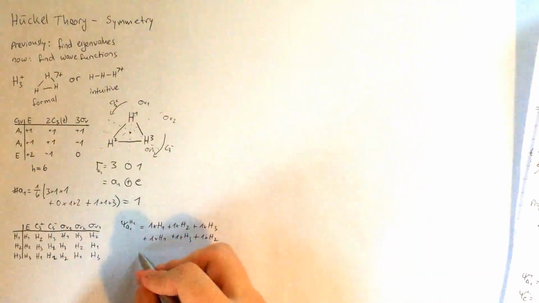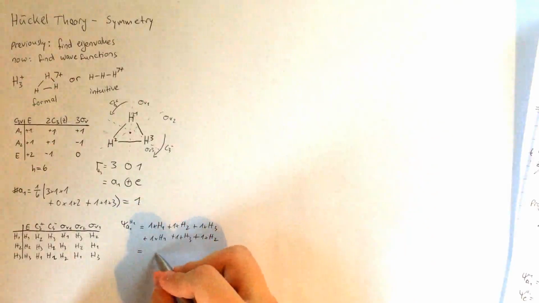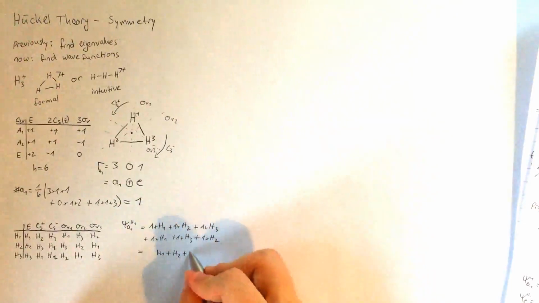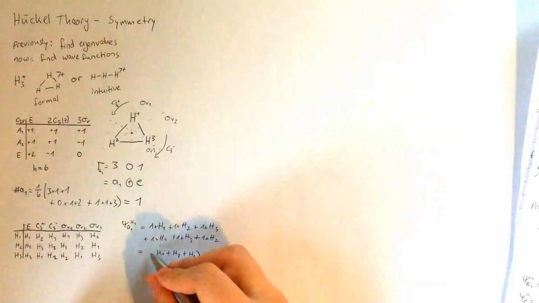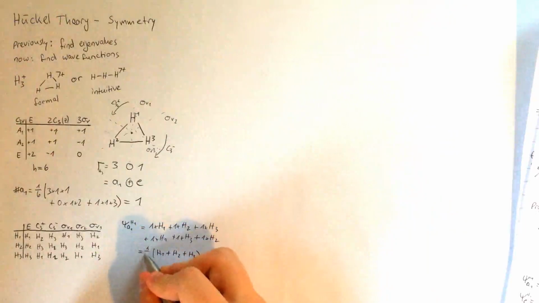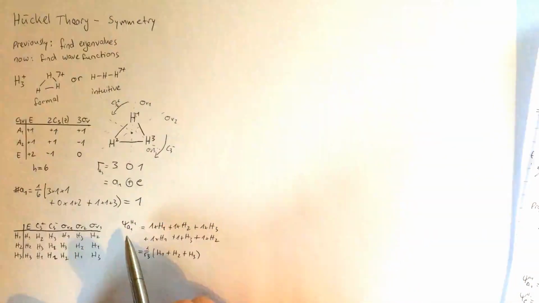And if I normalize it, it will look like this: H1 plus H2 plus H3. And now I normalize it, which gives it a factor of 1 over root 3. And we see that the A1 irrep consists of all our hydrogens having the same phase. That's why they're all plus.